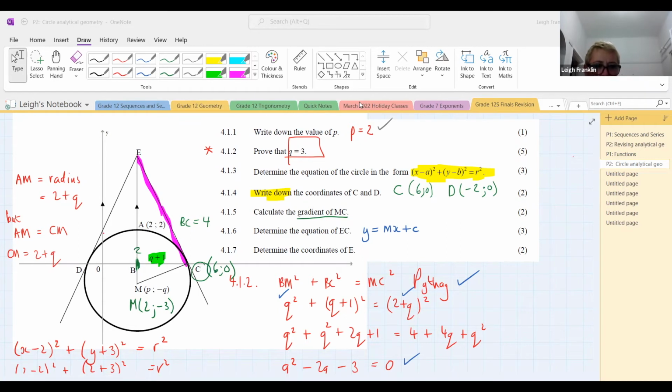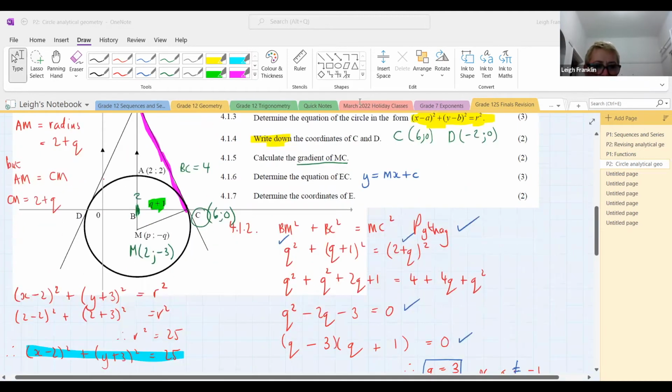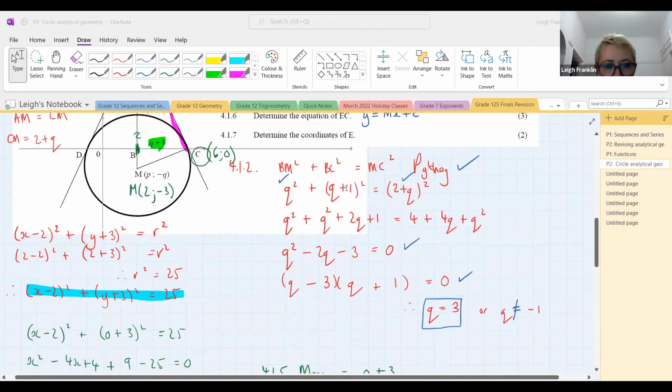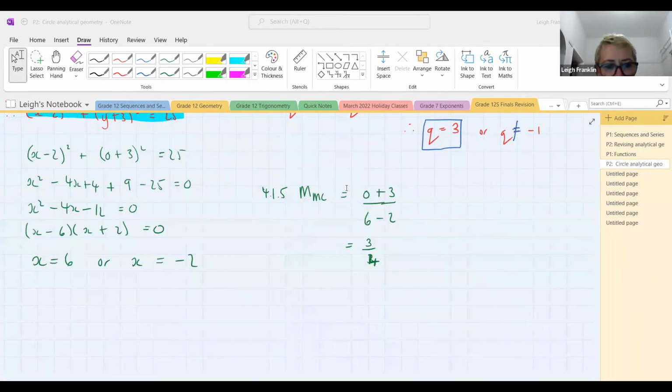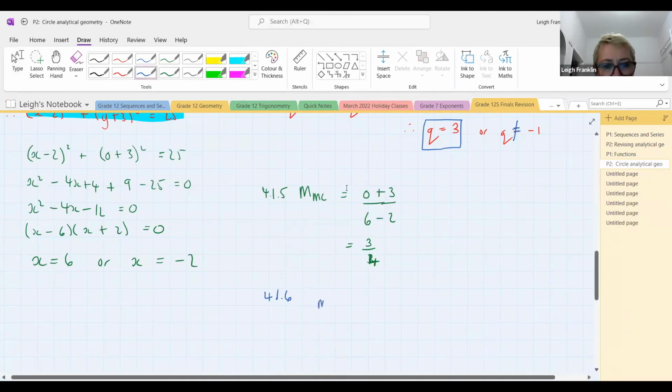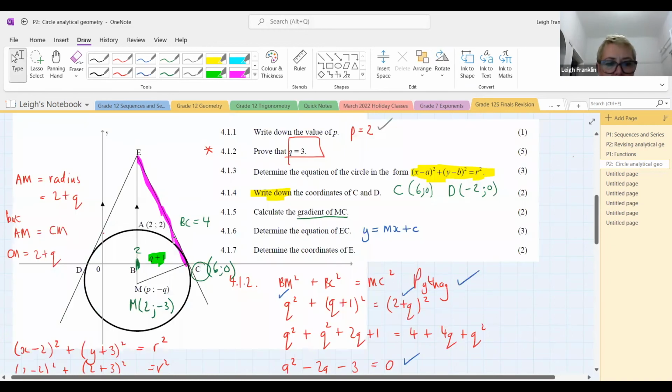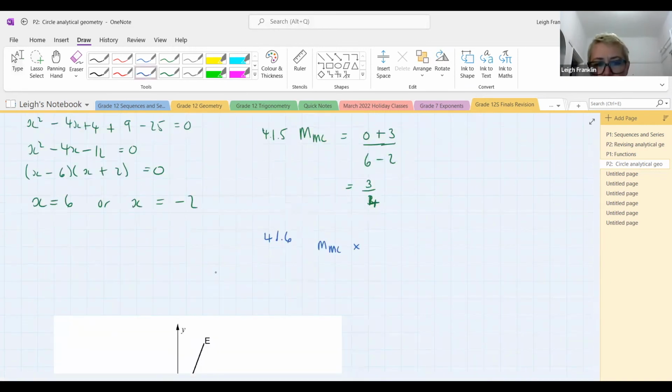All right, so the gradient of MC, which we've got. In 4.1.6, what we can say here is that the gradient of MC multiplied by the gradient of EC, the tangent, gives us -1.